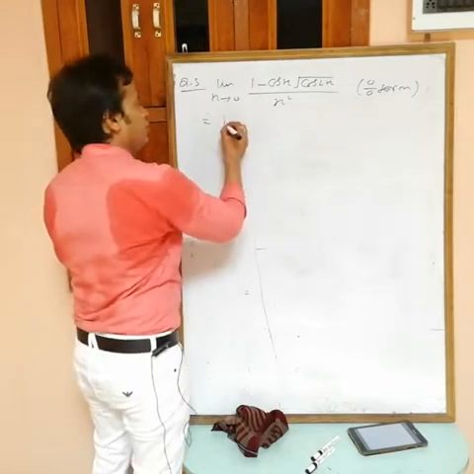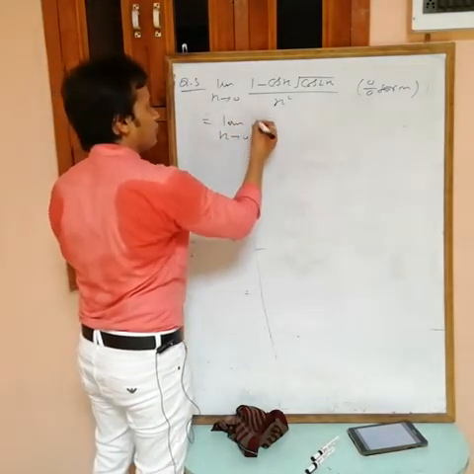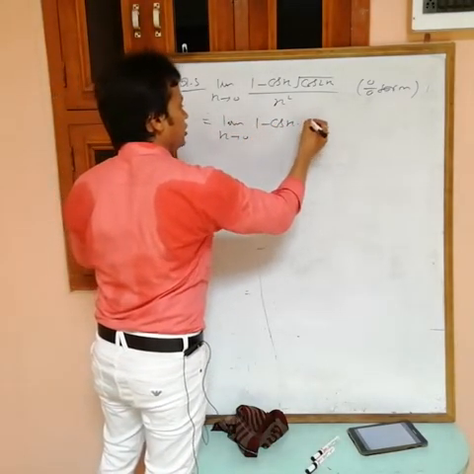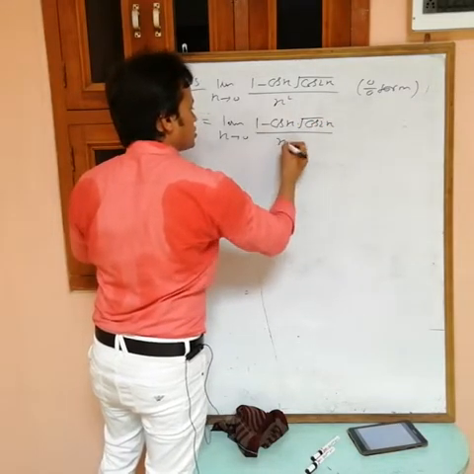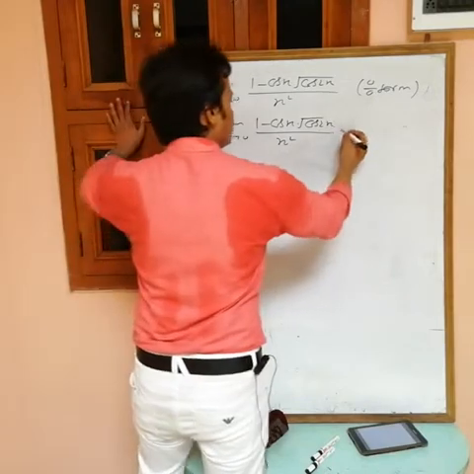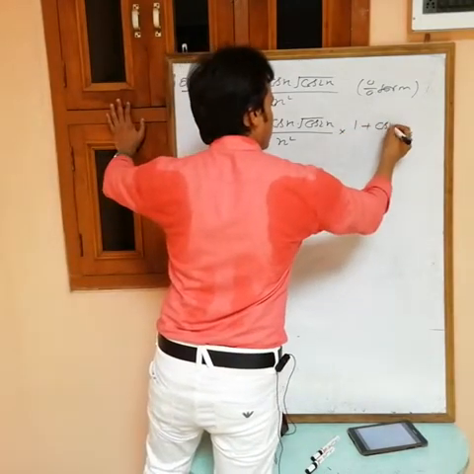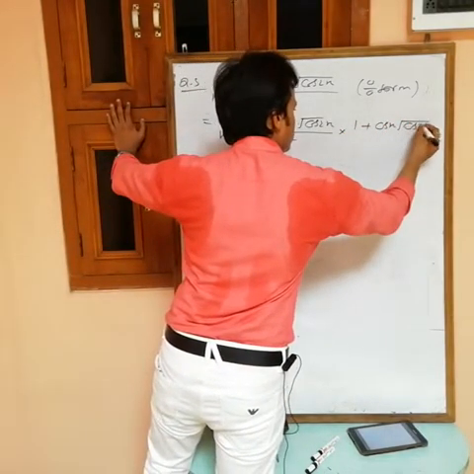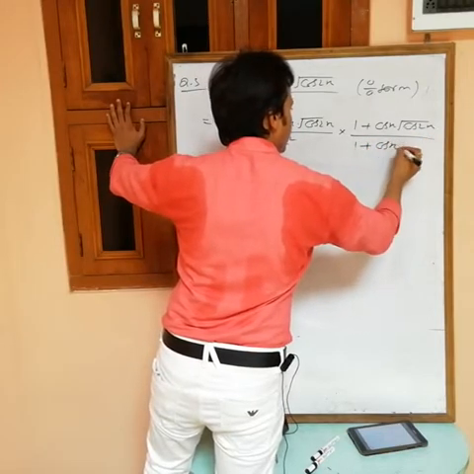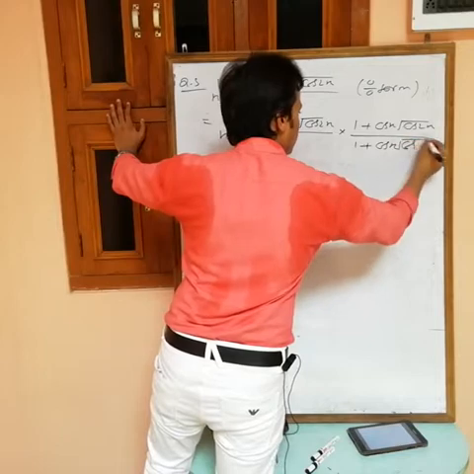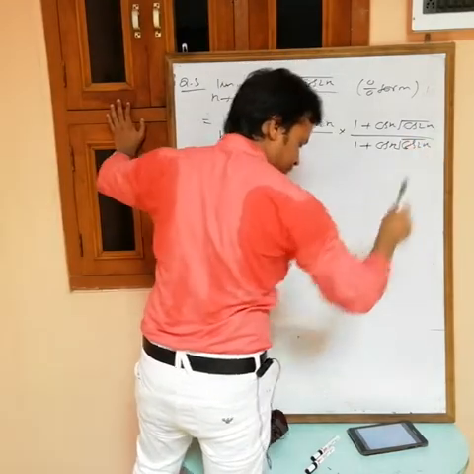Okay, then limit x tending to 0, 1 minus cos x into root cos 2x by x square. I am rationalizing the numerator. Then 1 plus cos x into root cos 2x by 1 plus cos x into root cos 2x. Okay.